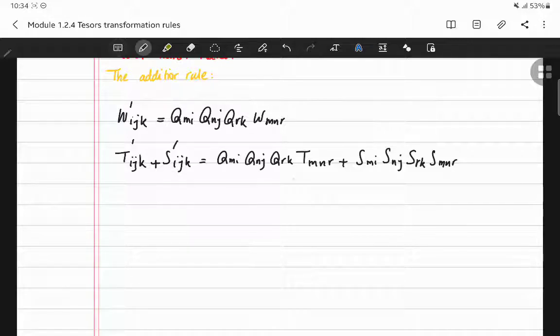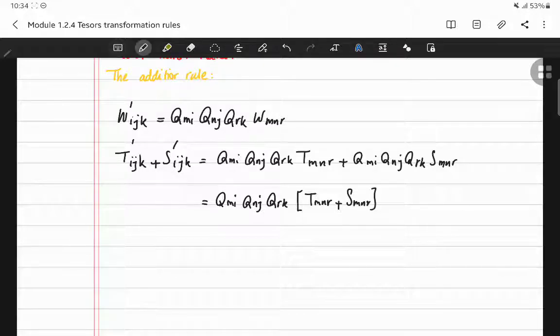So this simply can be written as Q_mi, Q_nj, and Q_rk. So I can factor this out. I have T_mnr plus S_mnr, which is basically nothing but W_mnr.